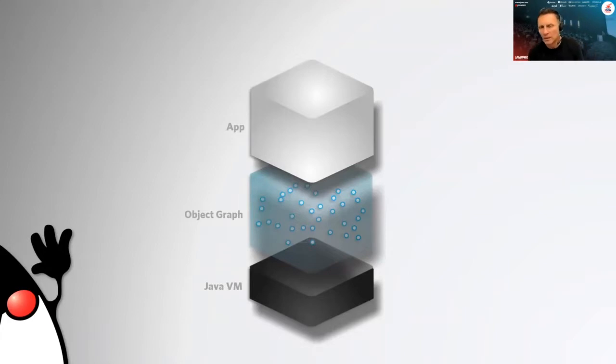Why should we do that? Because we love object-oriented programming. We love objects. We love type safety. We love elegant object models. But as soon as we want to store data, we have to use external database systems. These database systems work completely differently from Java, and they are not object-oriented.